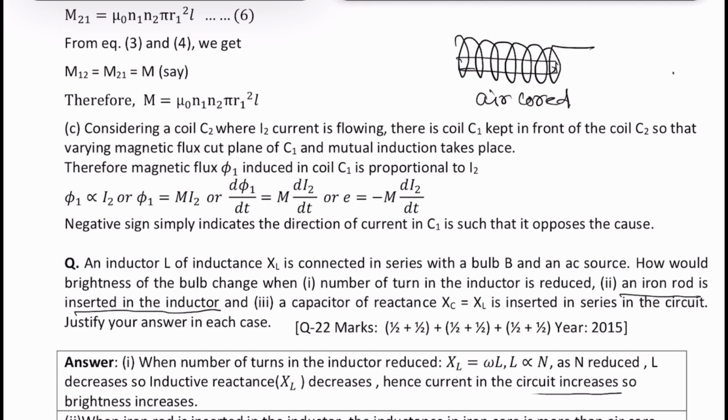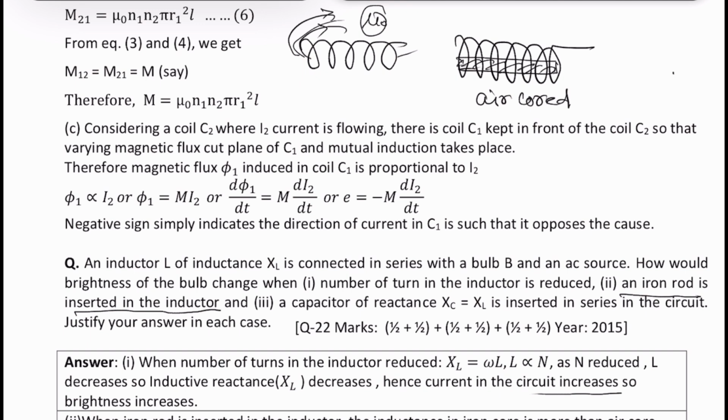The flux leakage will be less, because in an air core solenoid the flux leakage is more. The permeability of air, meaning the degree of allowance given to the magnetic lines of force produced because of this varying current, is less. But iron is a ferromagnetic material, so the flux leakage will be less because the permeability of iron is more, correct?